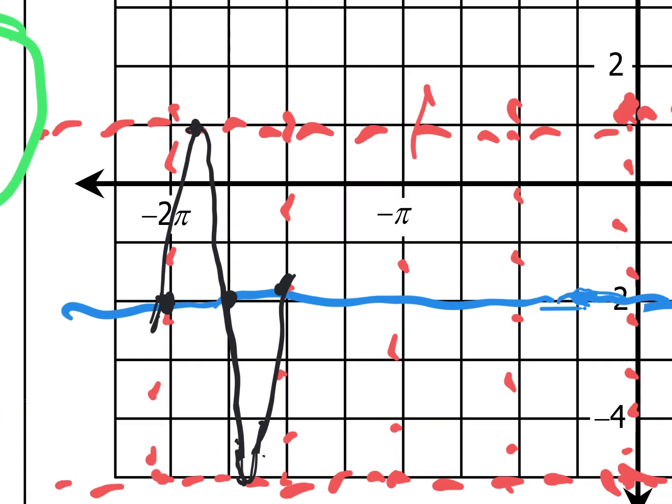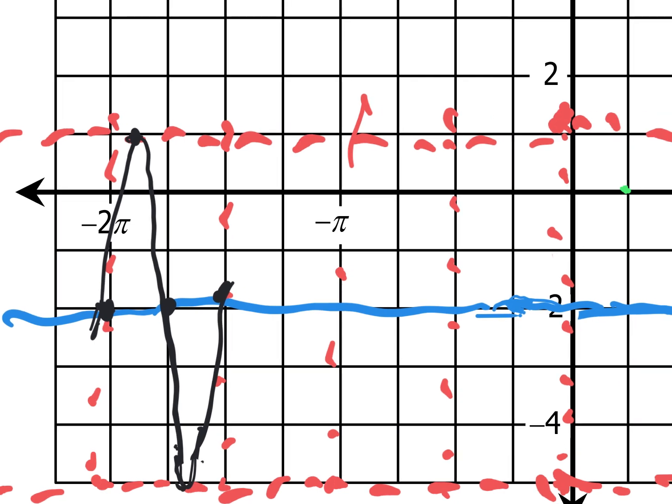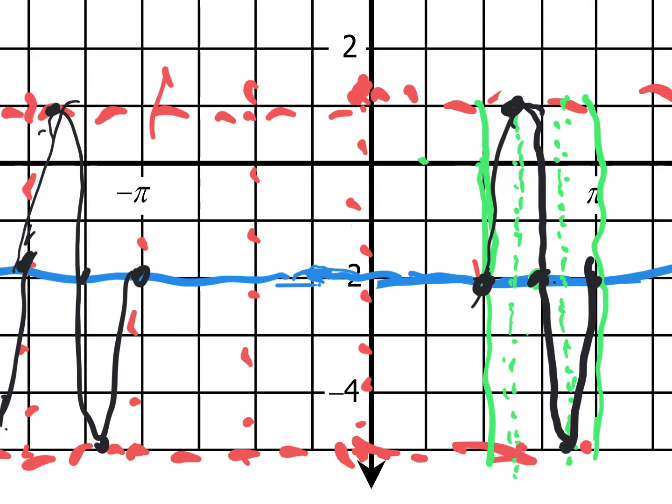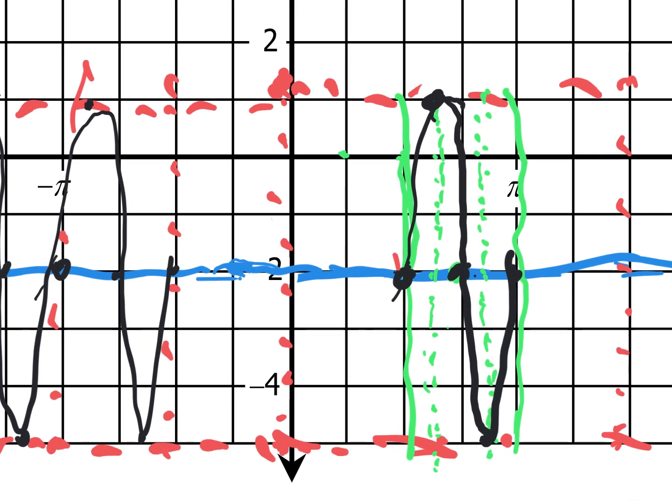Oh, goodness gracious. All right. Got one of them there. All right, continue. Up in the middle, down to the midline, down to the bottom middle, ended at negative pi. Up. Do it again. Middle, midline, bottom. Just got 2 more to go.